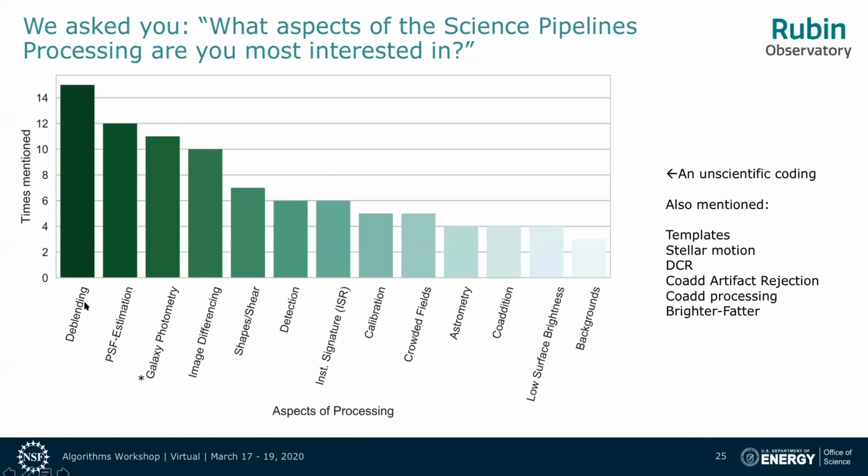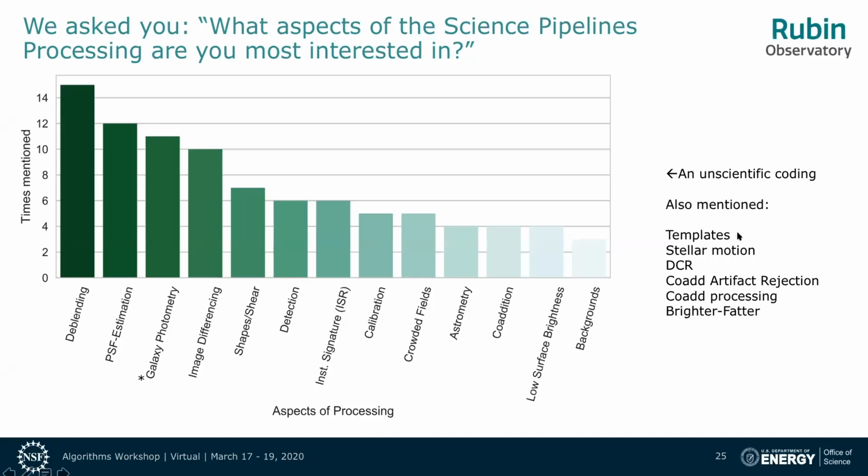So deblending was the most popular. And this asterisk here means that I took some liberties when coding galaxy photometry. Some of you wrote flux measurement or photometry, and if your interests were extragalactic in nature, I took some liberties and coded that as galaxy photometry.